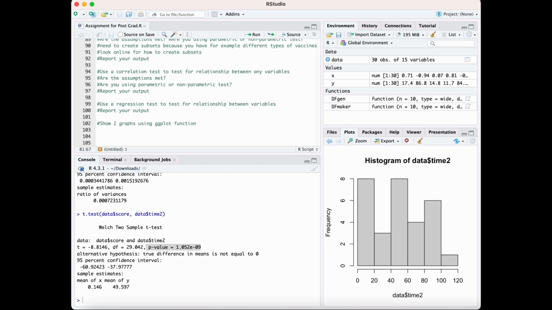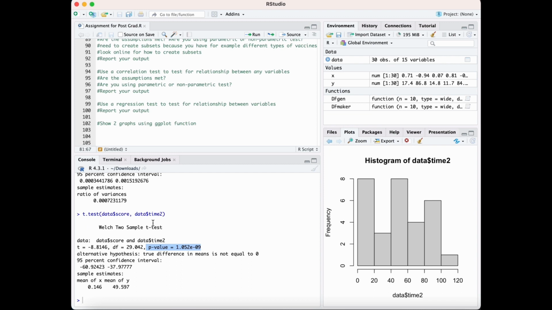So this is between any variables. We need to run a correlation. I'm going to use the same thing as just now, which is score and time 2. They were both normally distributed just now. Therefore, I will skip the Shapiro-Wilk normality test.